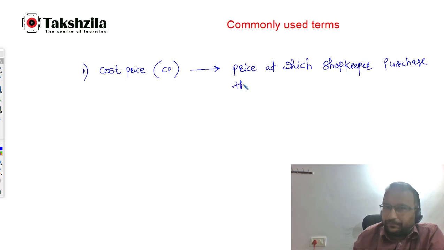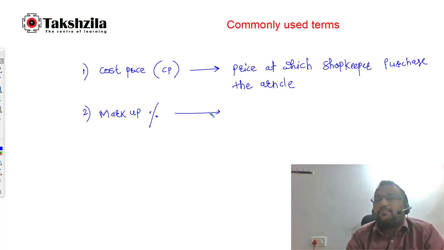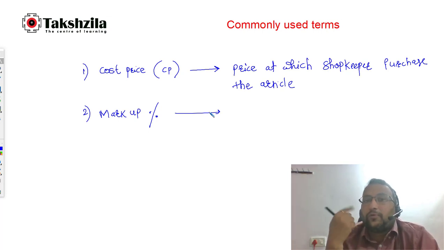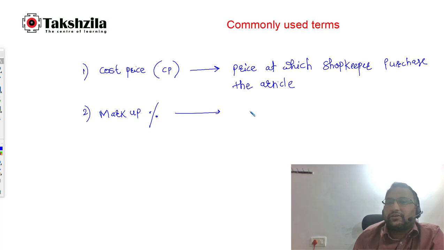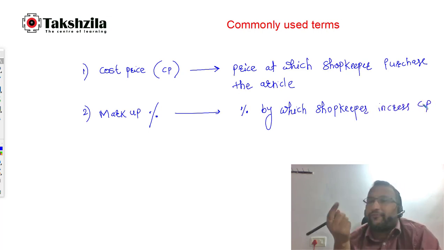After this, the second commonly used term is markup percent. Markup percentage is the percentage by which the shopkeeper increases the cost price to earn profit.